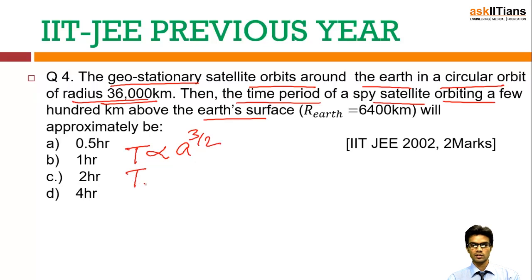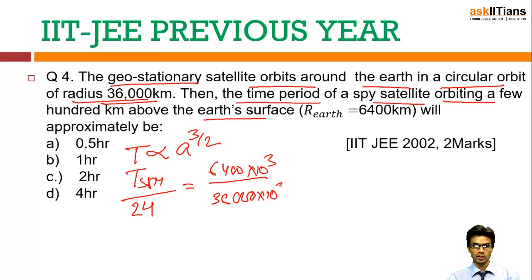So T for spy by T for geostationary, which is 24, is equal to a for spy by a for geostationary. The spy satellite is just above the Earth's surface, so its radius is 6400 into 10 to the power 3 divided by, how much?